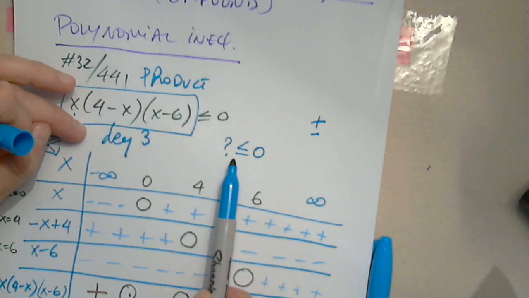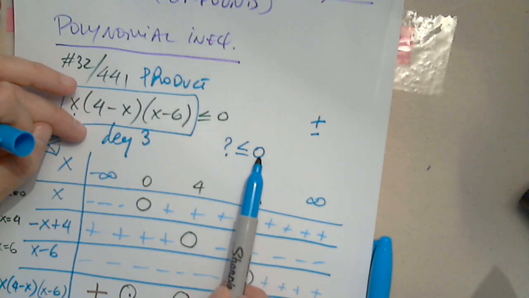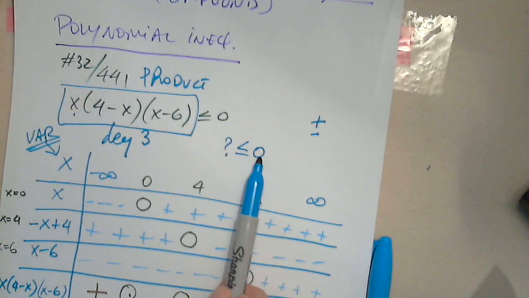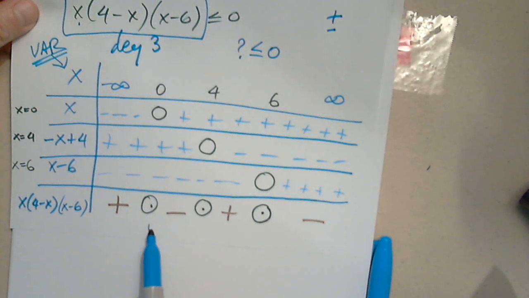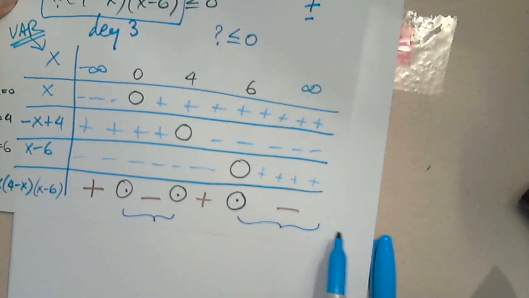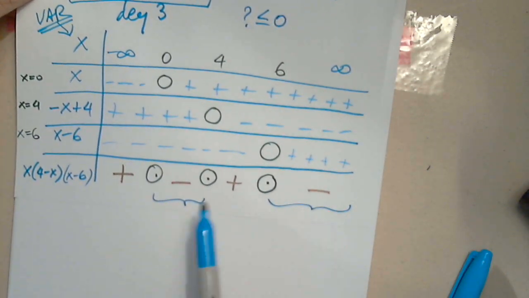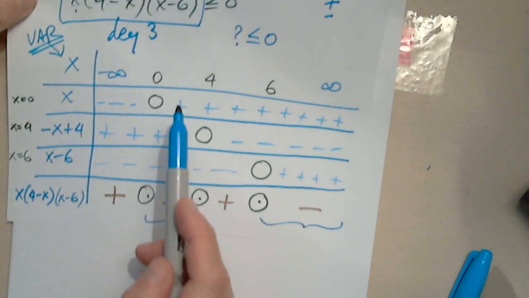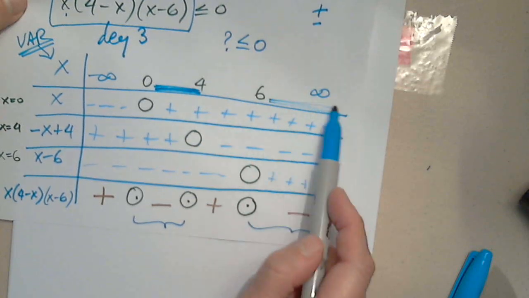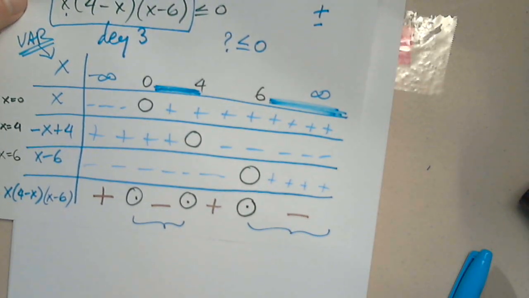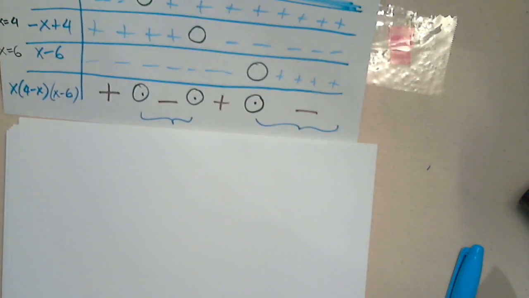Which of the two signs will be less than or equal to 0? I know it's a silly question, yes: negative. So is this product ever negative? Yes. The product is negative here, and the product is negative here. And that is the solution.